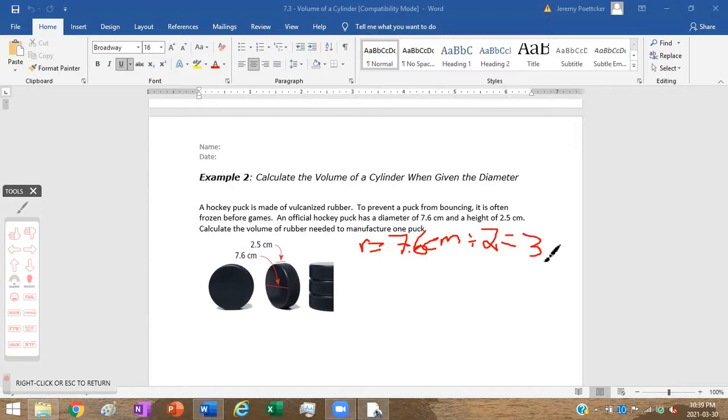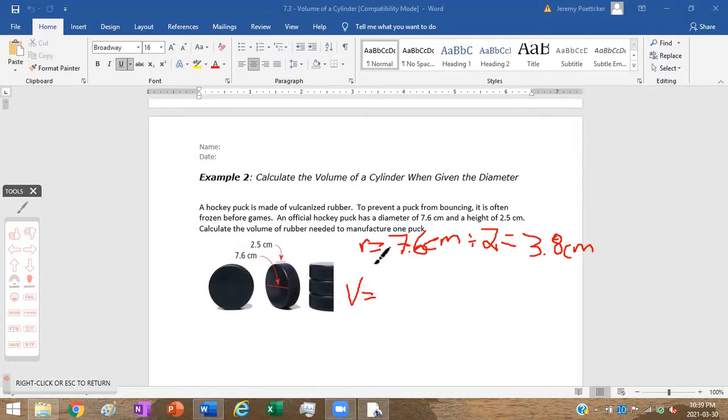Now it looks very much like the problem we just did. We have the radius, we have the height, and with a cylinder, the base is always the round part, the height is always the distance from round part to round part.